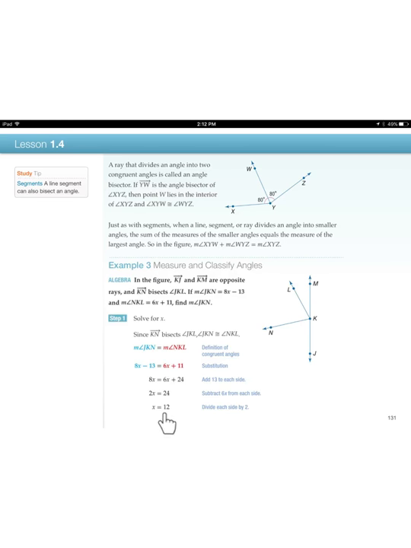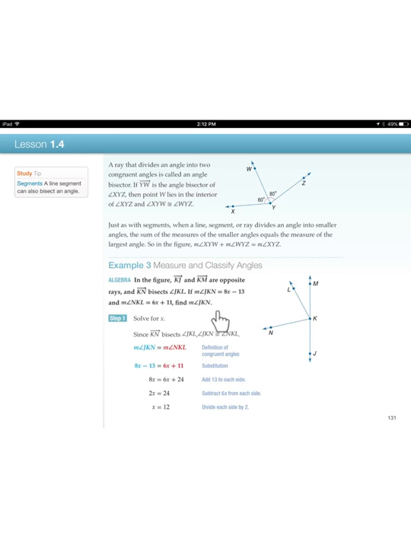Is that sufficient for the question? In this question, it is asking what the value of x is, so x equals 12 is sufficient. If the question said, what is the size of angle JKN, then you would substitute x equals 12 back into the equation that relates to JKN.